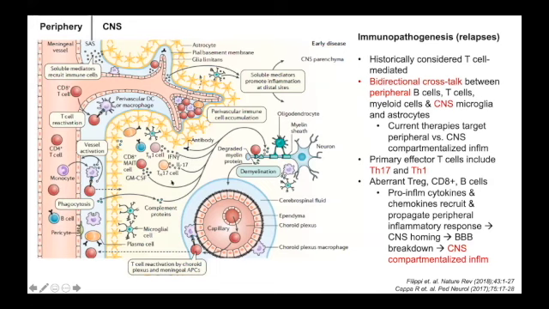The primary effector cells are Th17 cells and Th1 cells, but there is evidence that there are aberrant Treg, CD8 T cells, and B cells that result in a pro-inflammatory milieu with peripheral cells being recruited to the CNS, causing infiltration in this CNS compartmentalized space.